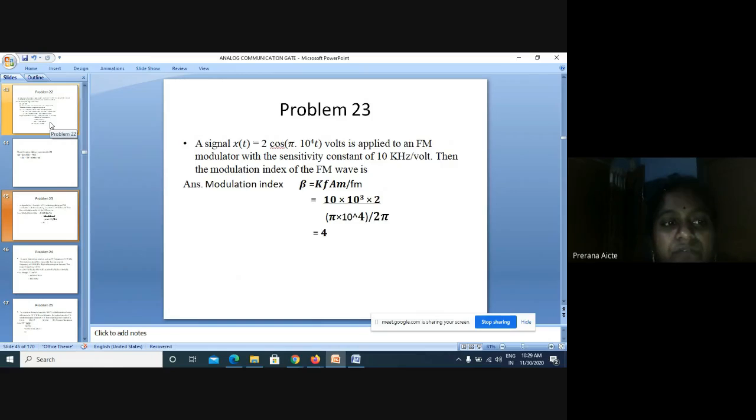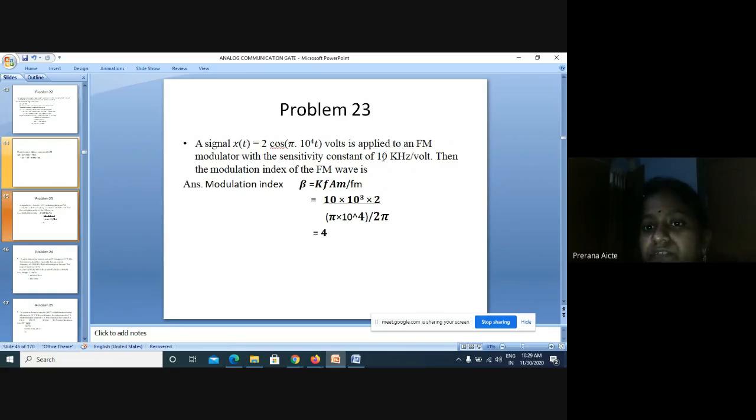Okay. Now we'll go with another example. This is a very simple problem. A signal x of t equal to 2 cos of pi into 10 power 4 t volts is applied to an FM modulator with a sensitivity constant of 10 kilohertz per volt.